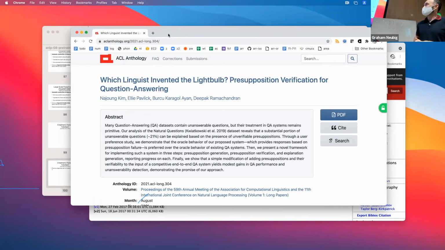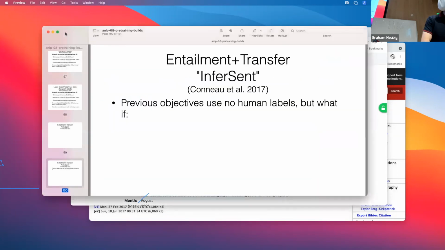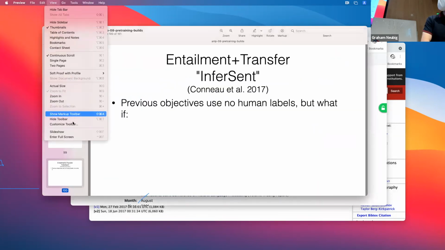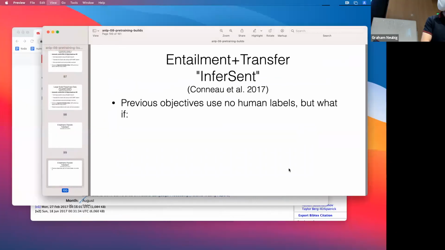And the idea is a language model might have seen lots of questions in its training data, but it's very rare to see a question where the answer is I don't know, or silly, a linguist did not invent the light bulb. So because of this, no language model would be able to correctly answer that because it very rarely sees it in the training data. So anything that you don't see in the training data might not be a good candidate for something that you want to learn through multitask learning.